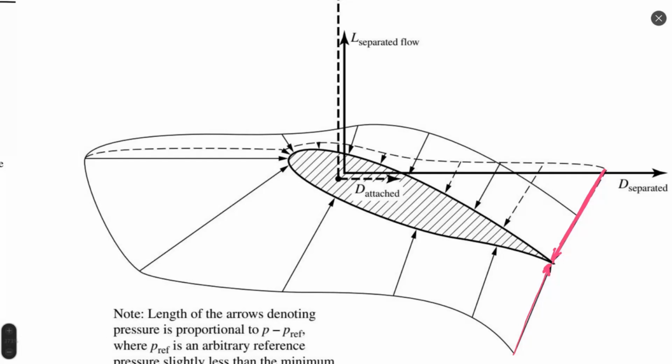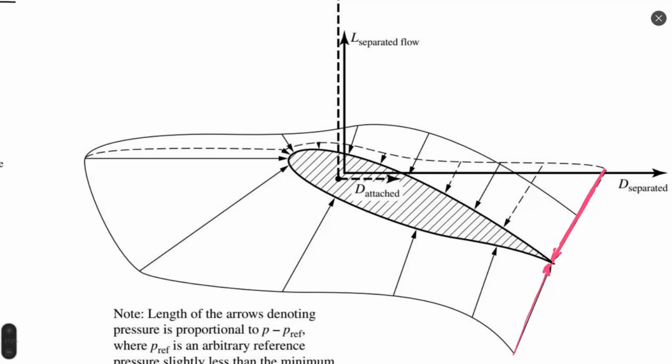For both separated and not separated flow, on the lower side of airfoil, pressure remains the same. You can see that in this zone below the airfoil, pressure is the same for both cases. But for us, more important is what happens on the upper side of the airfoil.